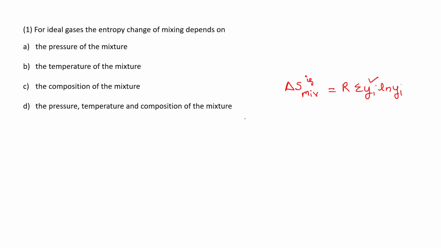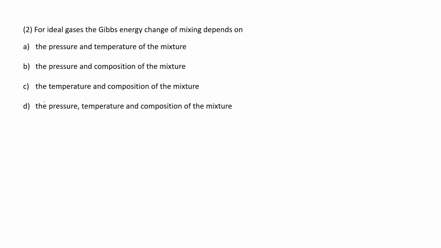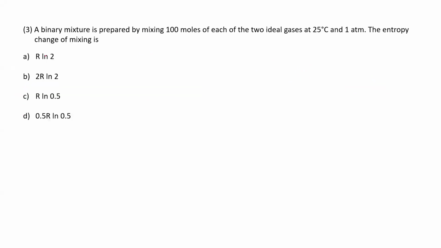So it only depends on the mole fraction, the composition of the mixture. Now, the Gibbs energy change of mixing depends on what? Delta G mixing for an ideal gas equals RT sigma y_i ln y_i, right? So it depends on the temperature and composition of the mixture.